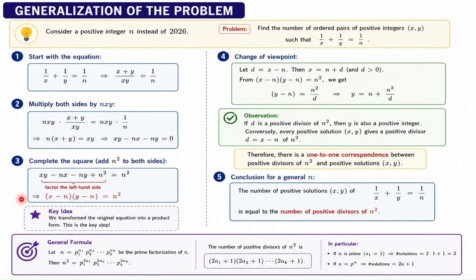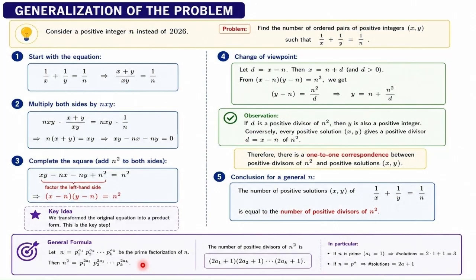Now suppose n has the prime factorization p1 to the power of a1 times p2 to the power of a2 and so on. Then n squared is equal to p1 to the power of 2a1 times p2 to the power of 2a2 and so on.